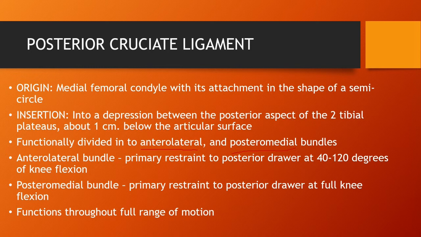So this is the bundle of fibers that is most likely injured or damaged when the examinee undergoes a knee hyperflexion injury. So like the anterior cruciate ligament, the posterior cruciate ligament functions throughout the full range of motion to provide functional restraint to the knee throughout the extremes of knee flexion and knee extension.